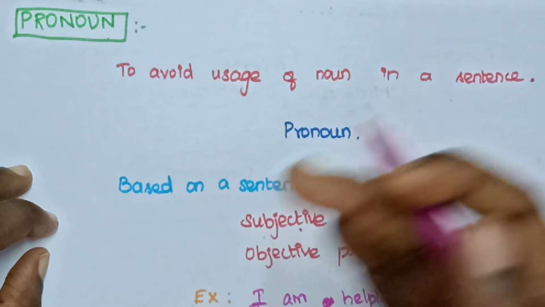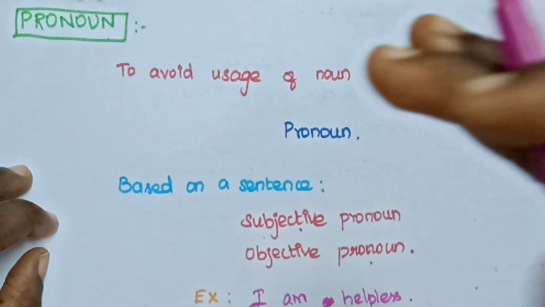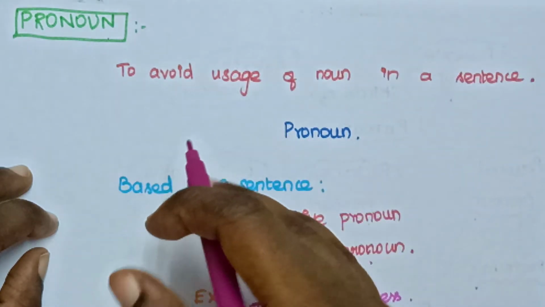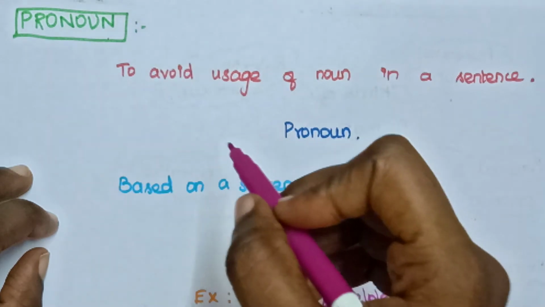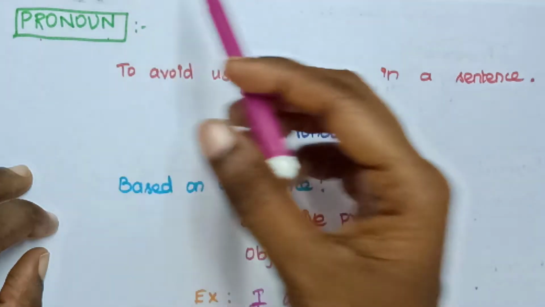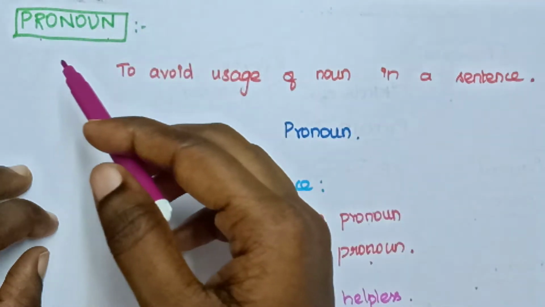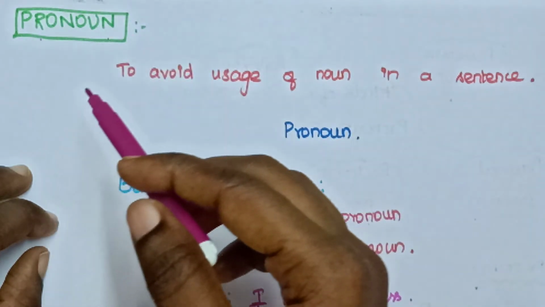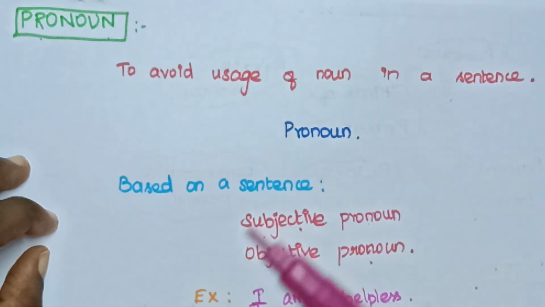So you have to use that noun every other time where you express what the person is. So in order to avoid that usage of noun, we are using pronoun. Instead of noun, we can use pronouns. So this is called a pronoun. We are using this pronoun instead of a noun, or to avoid the usage of noun.